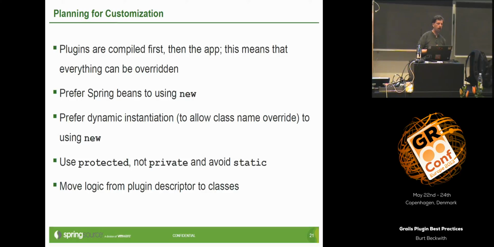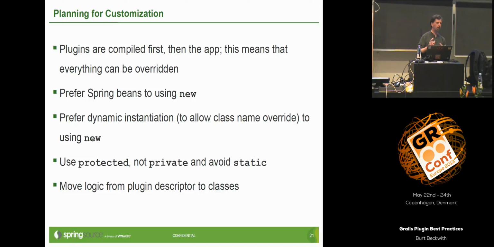So if your code paths inside of your plugin aren't really expensive, if they don't get hit a lot, then Groovy's fine. But if you're writing a filter that gets hit for every request, like the resources plugin, it's pretty cool, but it's slower than it should be because it's entirely written in Groovy. I've looked at that code, and I think a lot of it could be rewritten in Java, and it would be basically the same code.